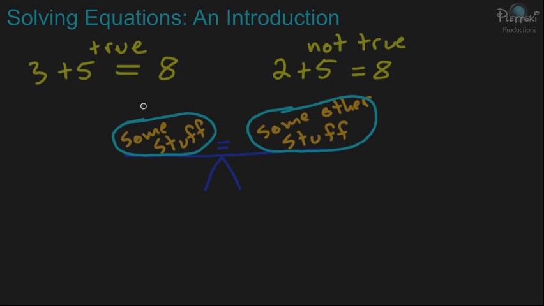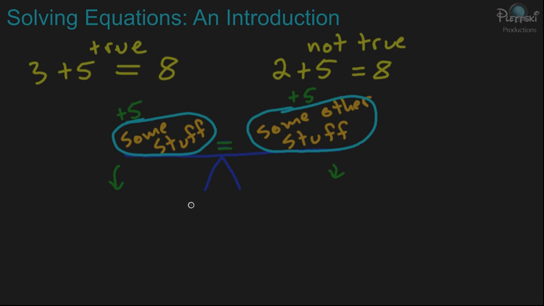Let's say we add 5 over here. Then this is going to start to tilt down if we don't also add 5 here to even it out. So when we're working with equations, if we change something on one side, you have to do the same exact thing on the other side in order for it to remain equal.